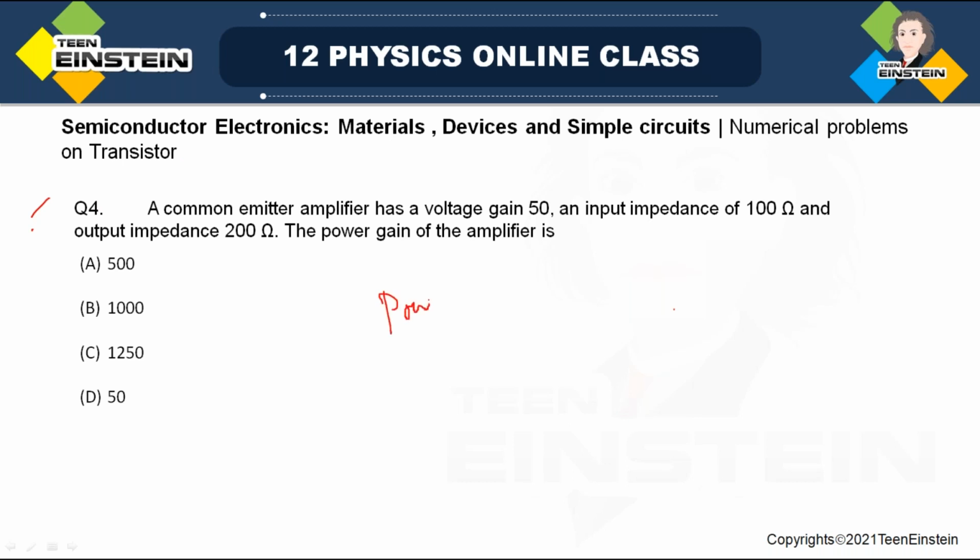Power gain is equal to voltage gain square by resistance gain. Let me write in symbols, then I'll write the meaning of the symbols.